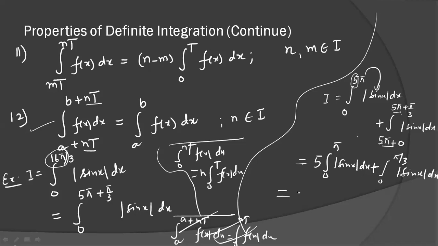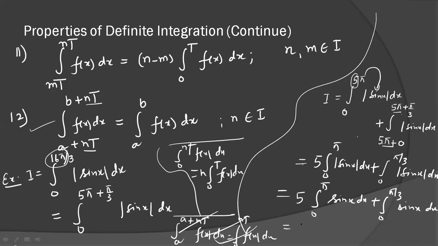Now in 0 to pi, mod sin x is always positive because in 0 to pi we are covering only two quadrants, first and second. In both quadrants sin is positive, so it will be sin x dx. And in 0 to pi by 3, the first quadrant, sin x is positive, so mod sin x will be positive in these two intervals.